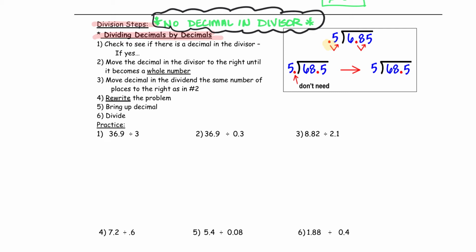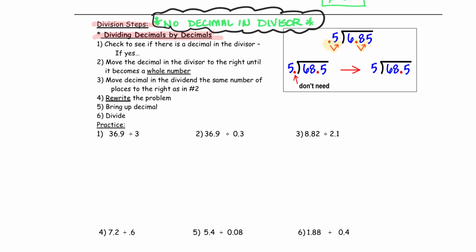So the way you would do that is move the decimal one place over to the right. There's one place, so we're going to move it to the right. Whatever I do to the outside of the division box, I have to do to the inside of the division box. So basically I'm moving my decimal in the divisor over one place because I'm making it into a whole number.